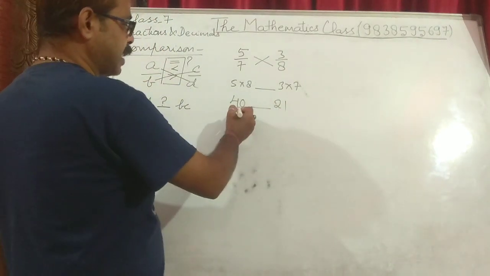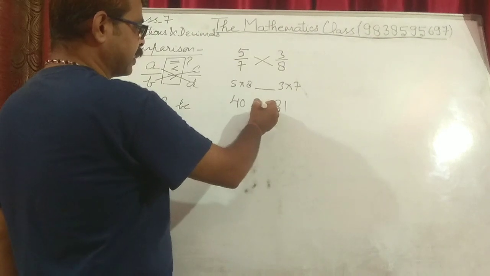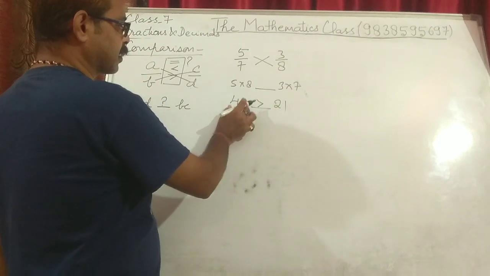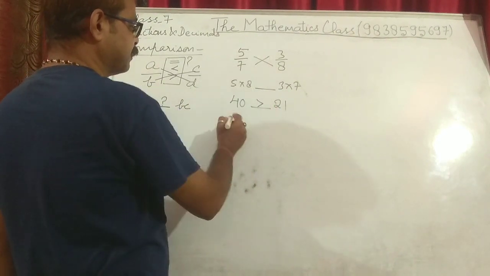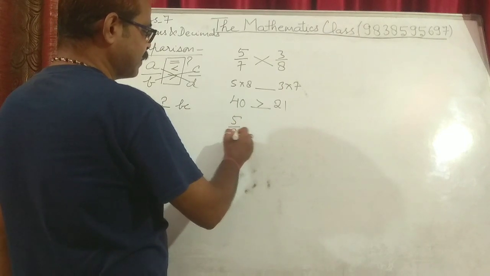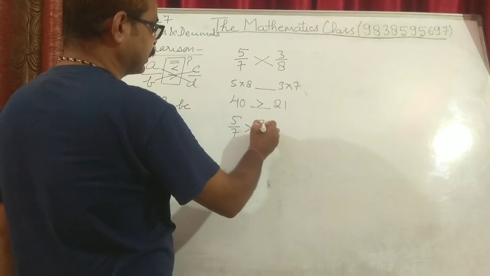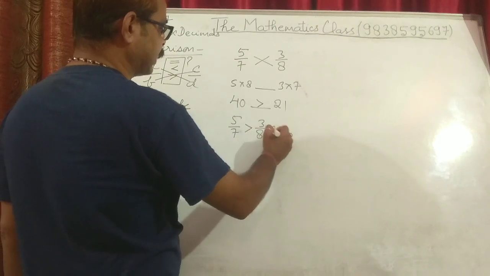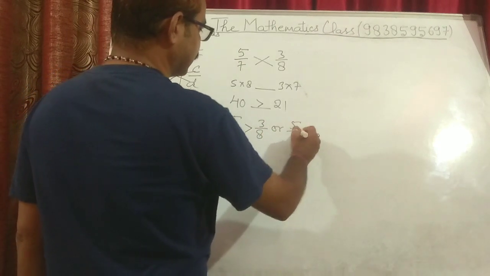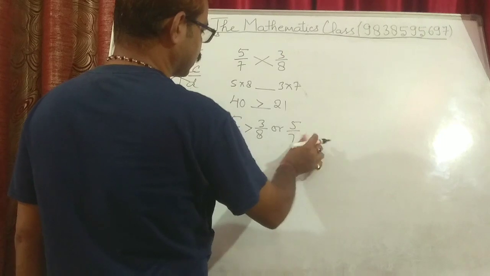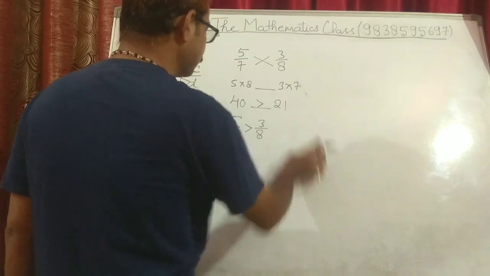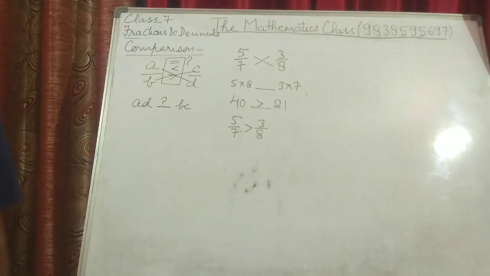Which number is bigger? I hope you know 40 is bigger. It means this fraction is bigger. So we can say 5 upon 7 is greater than 3 upon 8.